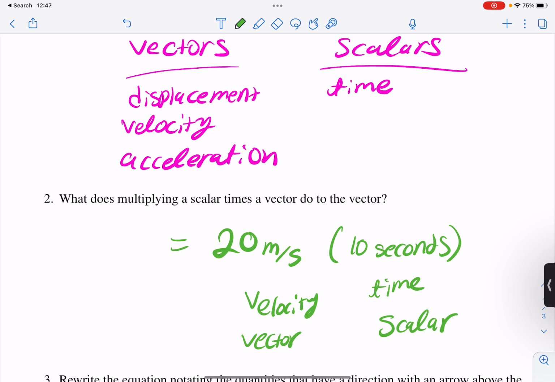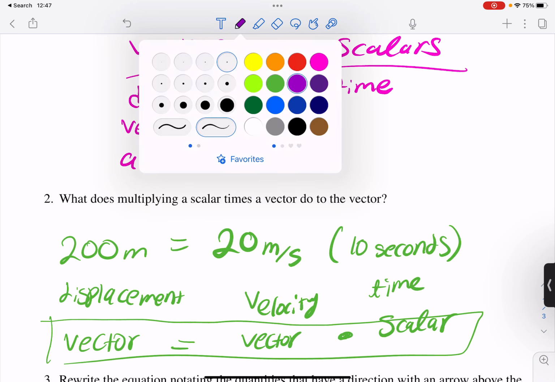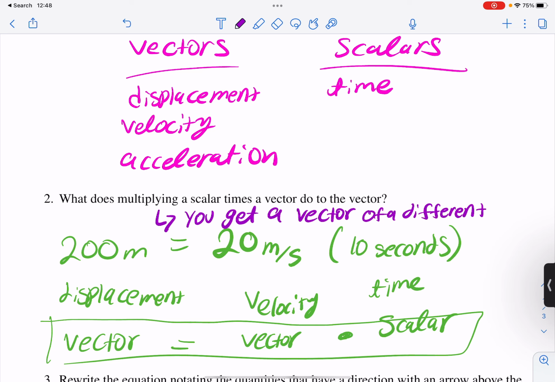We're going to end up with 200 meters, which is displacement and a vector. So when we multiply a vector by a scalar, we end up with a vector. So what happens when we multiply vectors and scalars? You get a vector of a different magnitude.